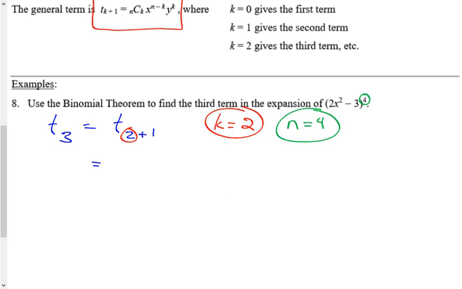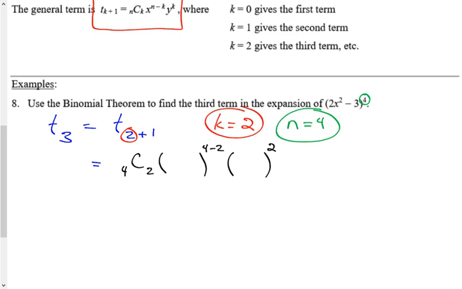So I have nCk. I know my n value is 4, so I have 4 choose 2. That's going to be part of my coefficient. And then I have x to the n minus k. N is 4, k is 2. And I have y to the k, so my k is 2.